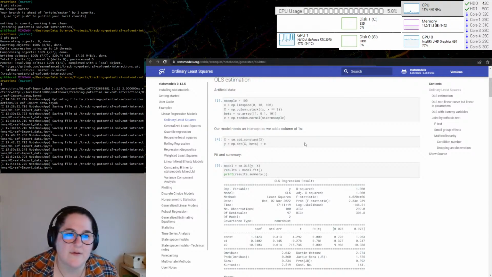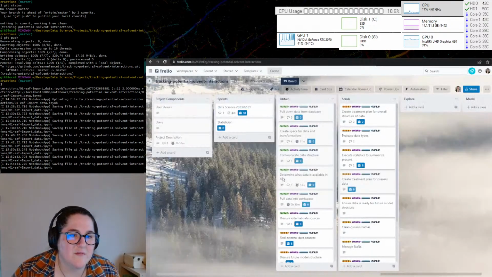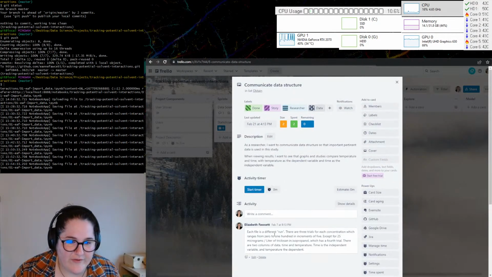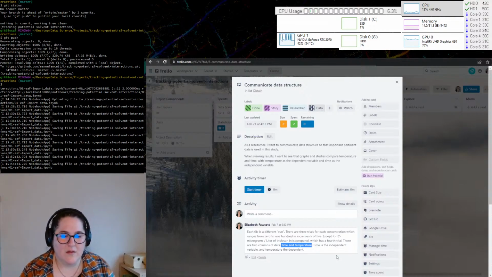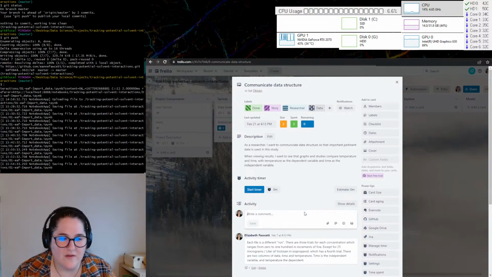And I think here in this particular space, I said communicate data structure. Each file is different run, 2 columns of data, time and temperature. So in this case, our y would actually be the temperature, and our x is the concentration, because concentration is our independent variable. I'm actually going to change this.